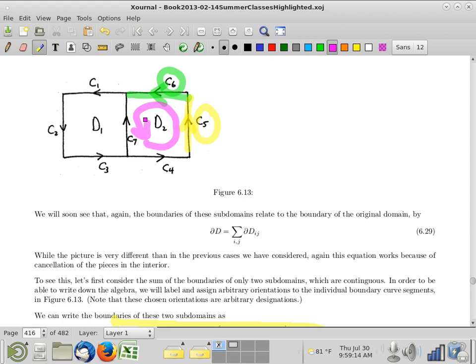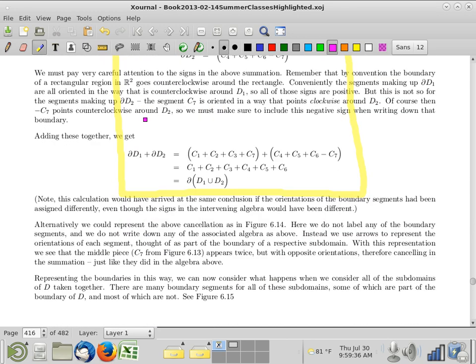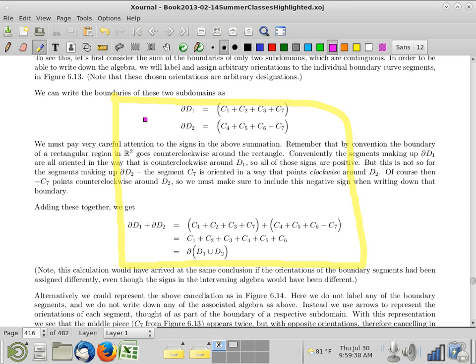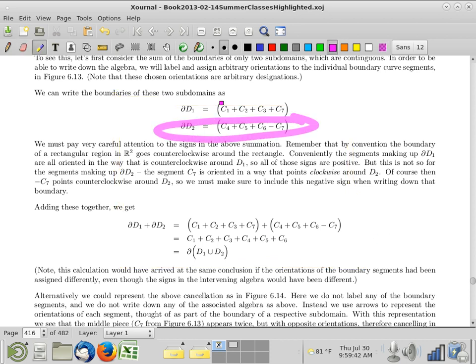Well, boundary of D2 is C4, going in the direction that I've assigned for C4, plus C5, plus C6, but it's not C7. C7 is defined as going up. Part of the boundary of D2 is the downward version of that. So that's backwards of C7. That's minus C7.